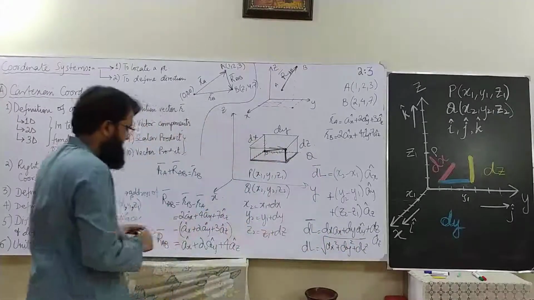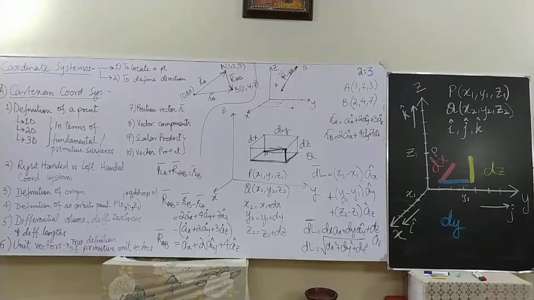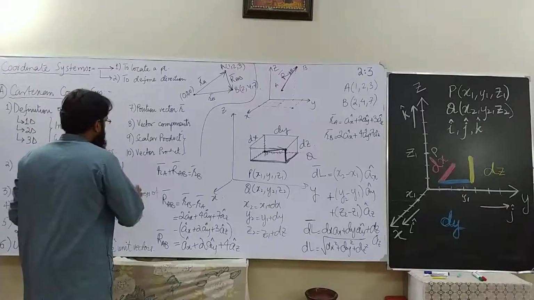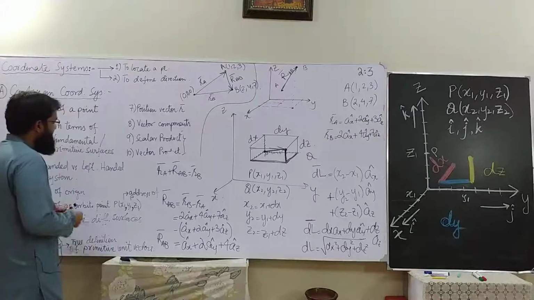This came from the fundamental vector analysis that you must have seen in your intermediate, or from the fundamental geometry, which you might have seen before. Okay, so that's all for this Cartesian coordinate system.